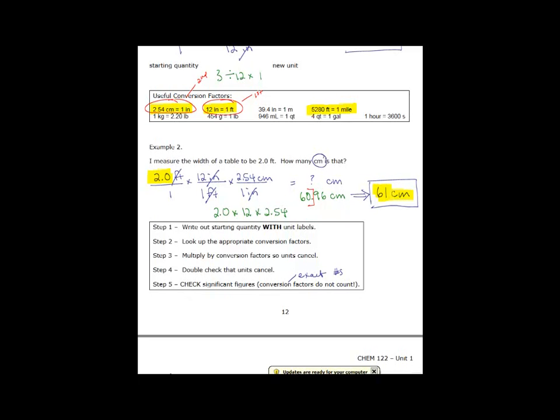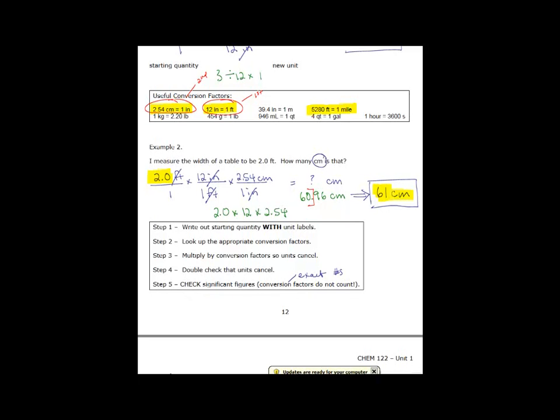So if you have a tendency to be kind of sloppy with your work and write things in different places so it doesn't make sense, really try to clean it up. It will help you. It will help me give you more partial credit if I can follow your work.